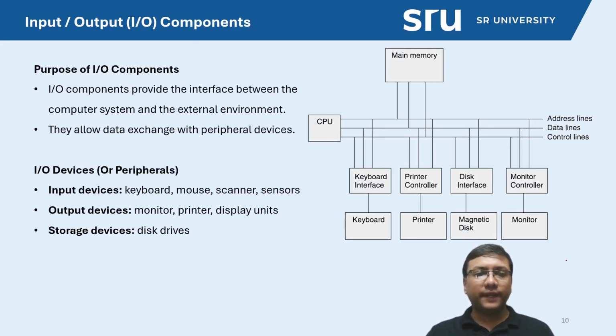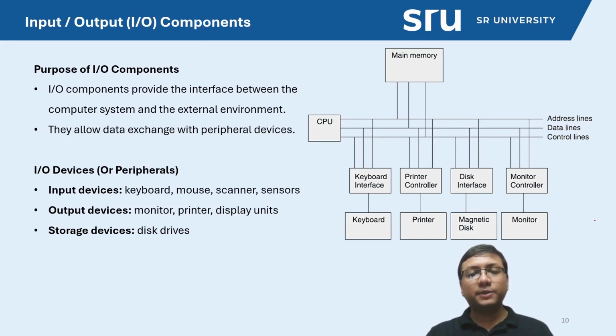Suppose I am using a keyboard. Keyboard means we know some keys are there, but it's not like that. The keyboard needs to be interfaced with the CPU properly through address line, data line and control line. And main memory will have a role there, because main memory also shares the three lines or interconnects.